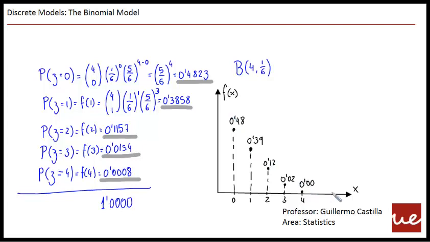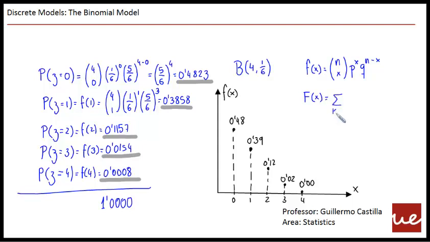So as you can see, all this function all the way down really represents the model itself, the binomial model. If we add them all, it has to add up to 1, because probability always goes between 0 and 1. And this is the step-by-step representation of the quantity function, the f.